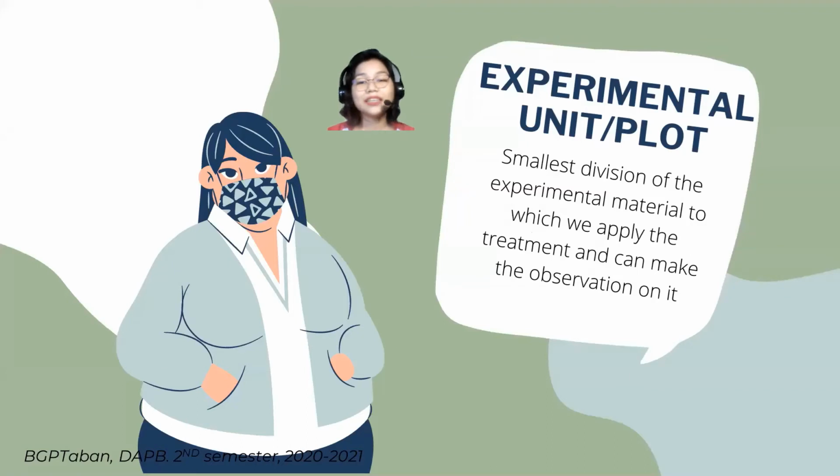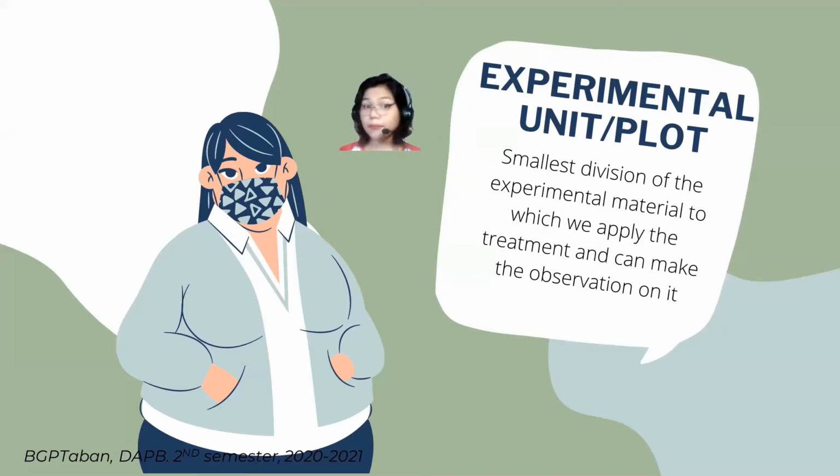So then we define what is an experimental unit or plot. An experimental unit or plot is the smallest division of the experimental material to which we apply the treatment and can make the observation in it. Another term for this is EU, or experimental unit. For example, your experimental unit is a plant, so a corn plant, or your experimental units are animals.